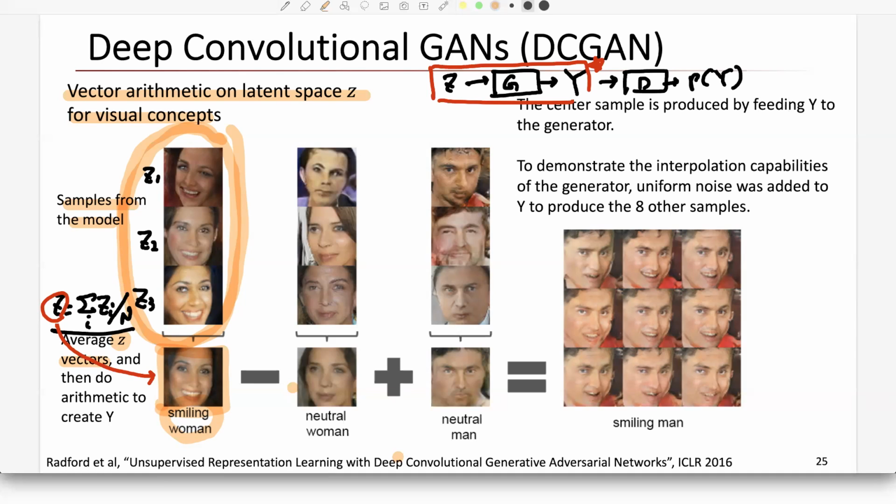Of course, we can do similar things for the neutral woman case, where there's no emotion, and the neutral man case, and we can make another man here.